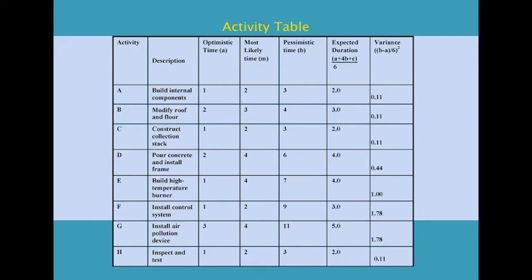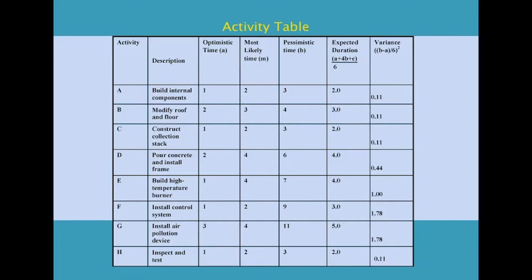Here in the table you can see that the optimistic times, most likely times, pessimistic times are given for each activity and hence the expected durations based on the formulas that we have just mentioned are given as well as the variance is given.